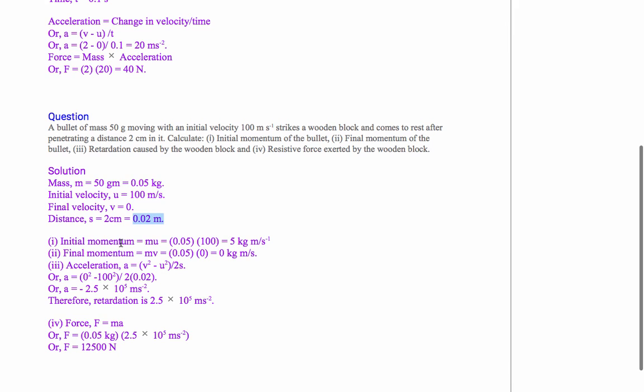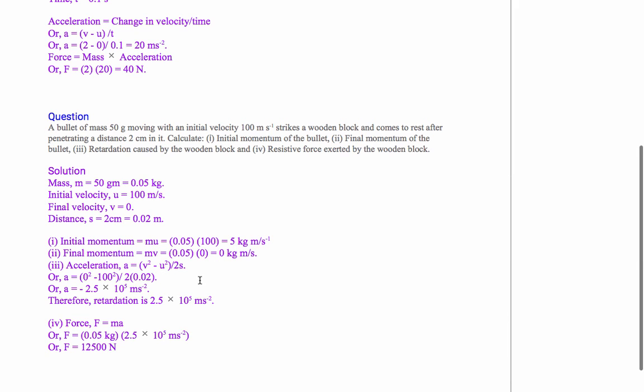Now we know all these values. Let's work out the question one by one. First part says initial momentum. Initial momentum means mass into initial velocity. Mass is 0.05 and initial velocity is 100 meter per second. Substituting both the values, we get 5 kg meter per second.